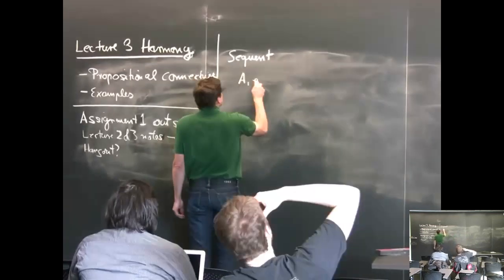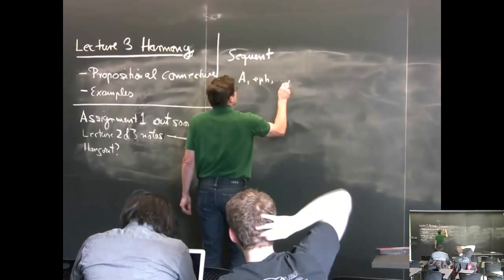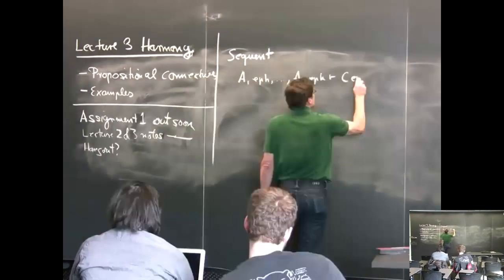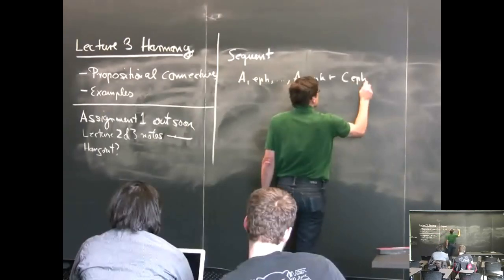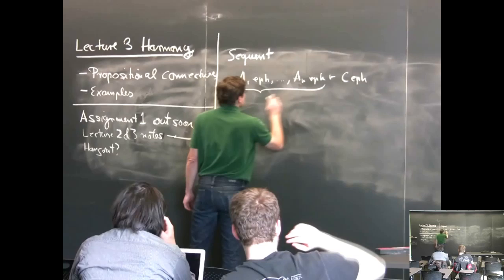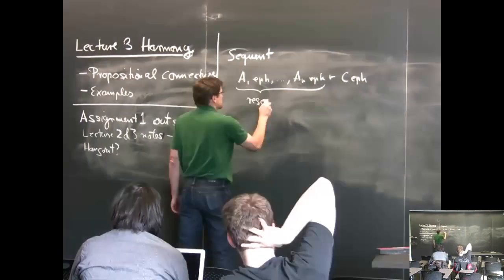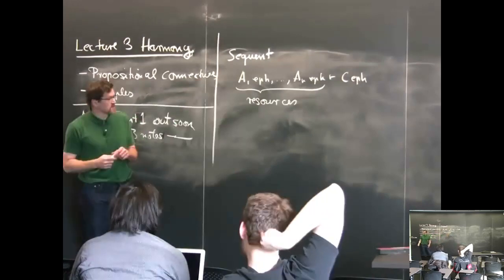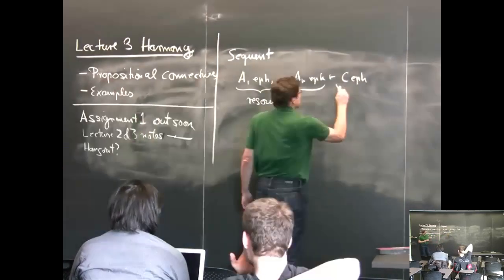So we have A1 ephemeral through AN ephemeral, and over there we have C. And the way we think about these things is as resources. And as before, they get consumed as we're doing our logical inference.